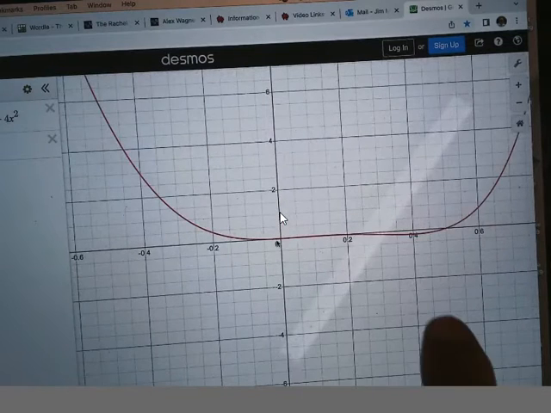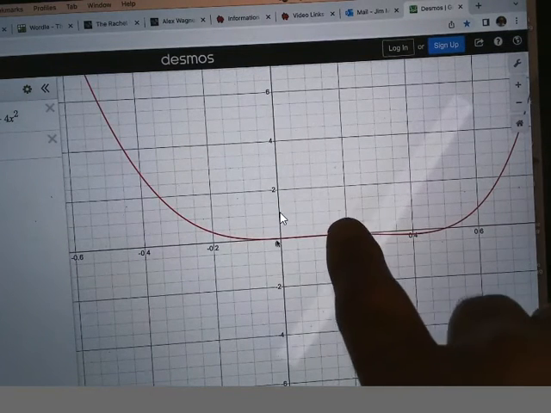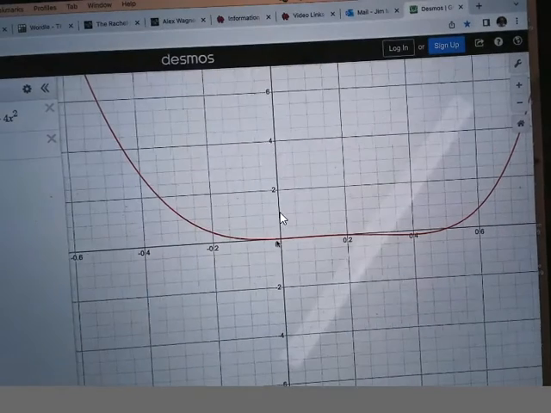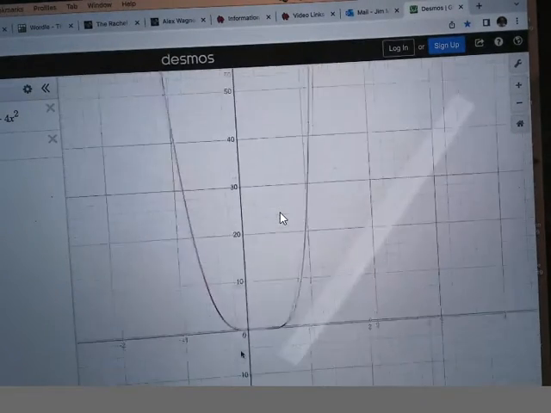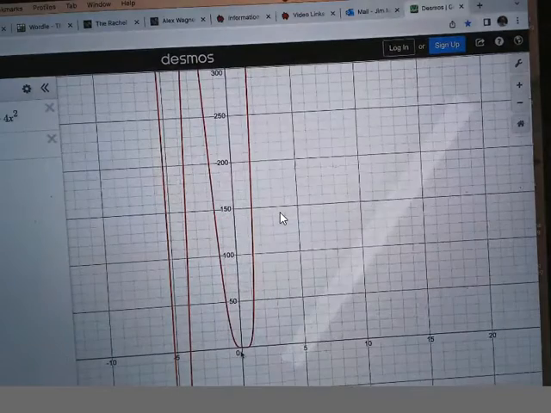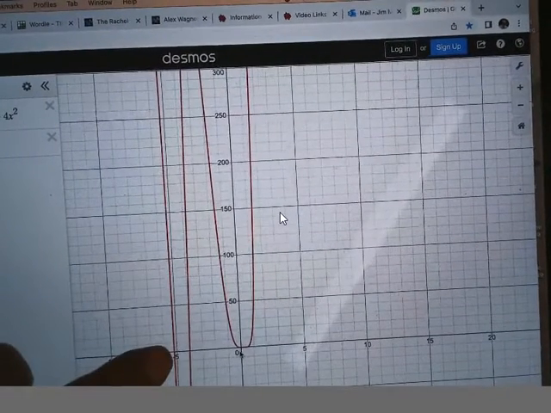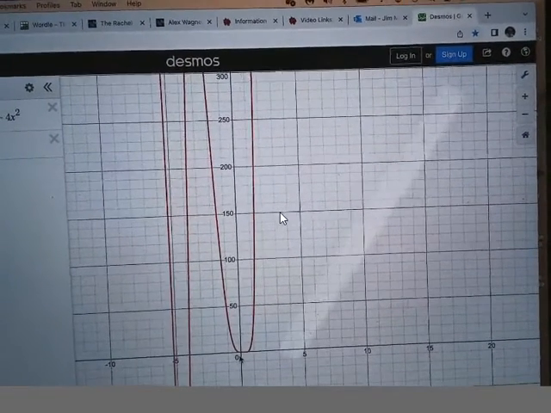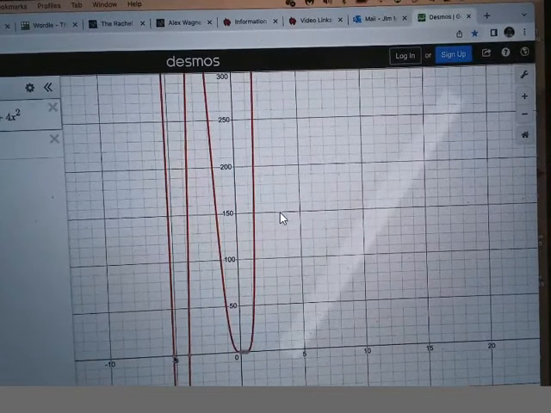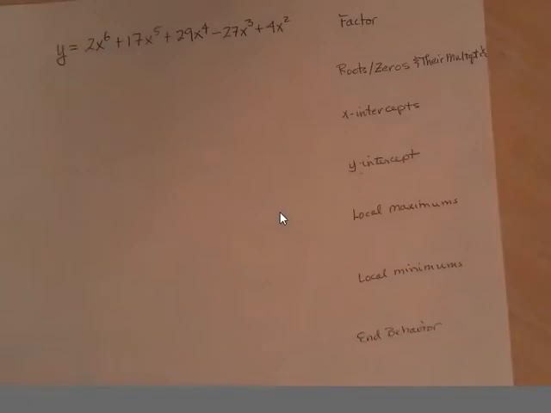Okay, so I've got the scale changed here, but it comes down, goes up, and comes down. Then when we looked at it zoomed out, it goes up, comes down, and goes up. Looks like it crosses near negative 5. Let's click on it. This place is negative 5.193.